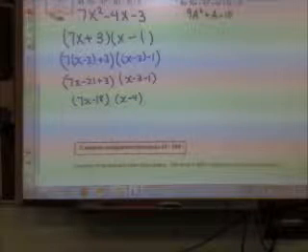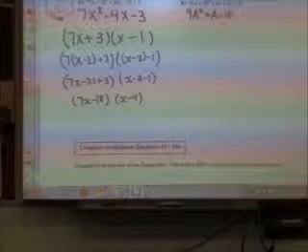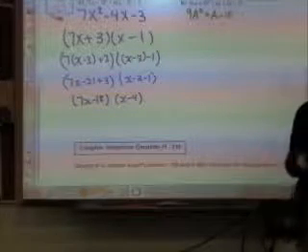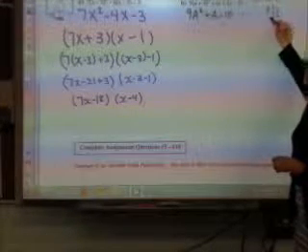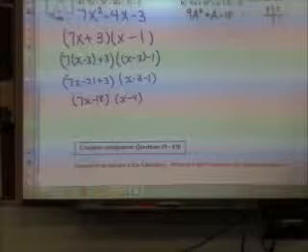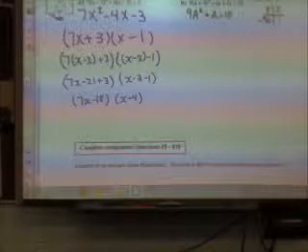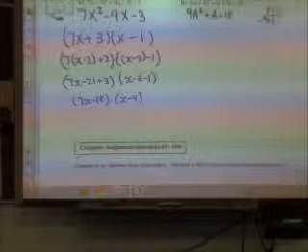I could. I can use the sight method for any of them. Is it going to be easy to do though? No, because the 9 and the 10 are not prime numbers. So I probably should go back to my product and sum chart. My sum is going to be 1. My product, negative 90. So two numbers that multiply to negative 90 and add to 1.